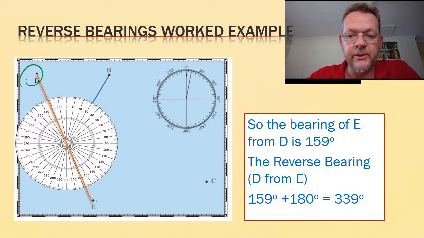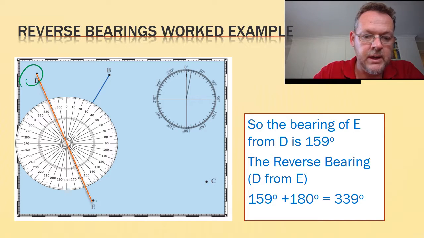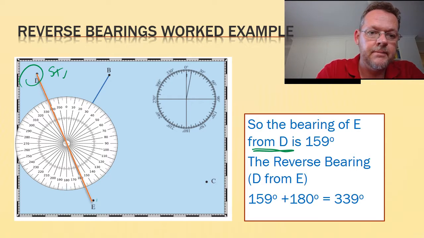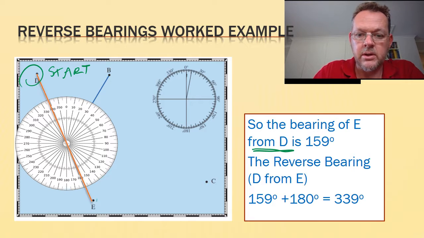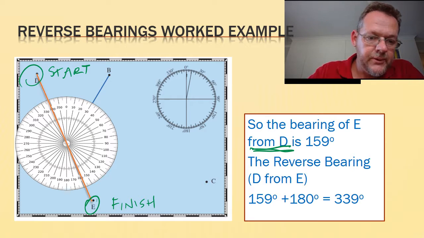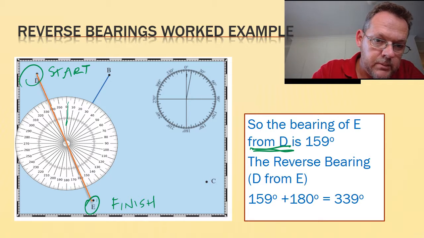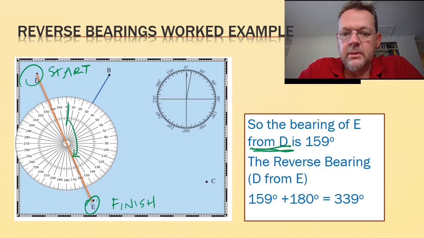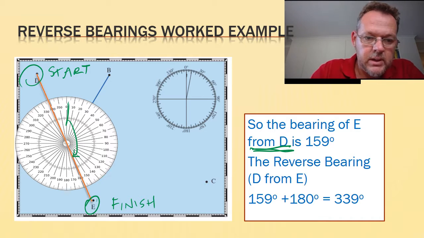So the bearing of E from D, that means I'm starting here because I'm saying from, and then I'm ending at E, so that's my finish. The start is D, the end is E, is 159 degrees reading clockwise. So I'm starting at 0 and I'm reading from there. That's good, 159.